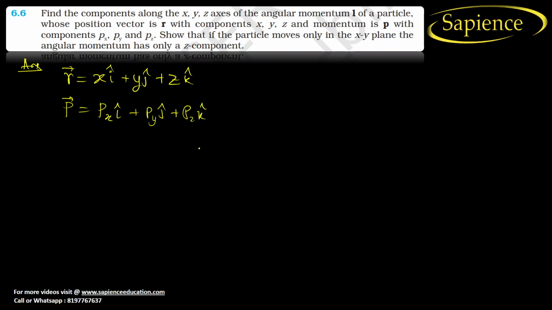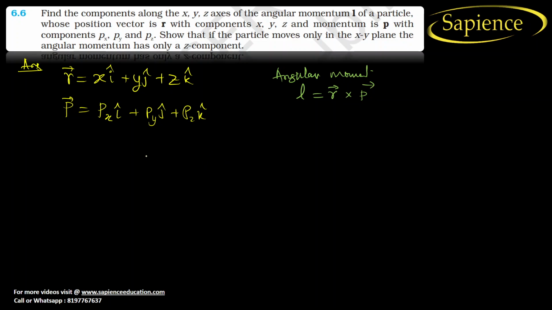Now we need to find the angular momentum. What is the formula for the angular momentum? Angular momentum L is equal to r cross p. So we have to do the cross product only.